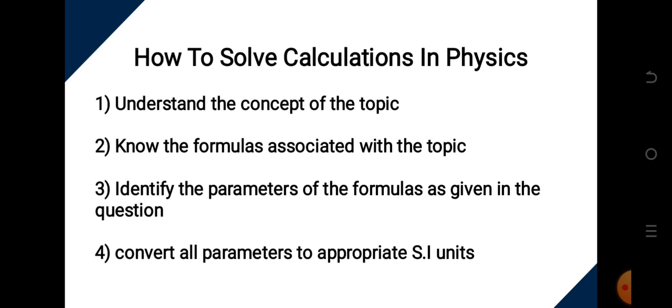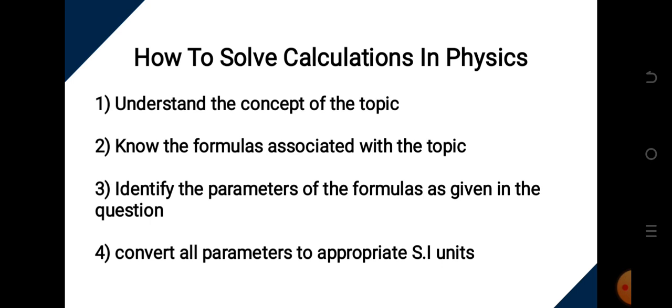If a student represents distance with d, and you are using the equation v equals s over t, you won't be able to relate v equals s over t with the d that you are using to represent distance in your own context. So you need to identify the parameters of the formula as given in the question or in the context of the topic.